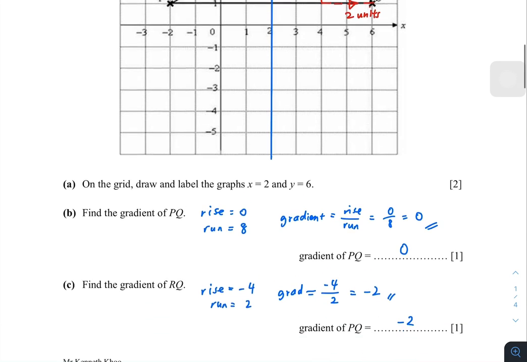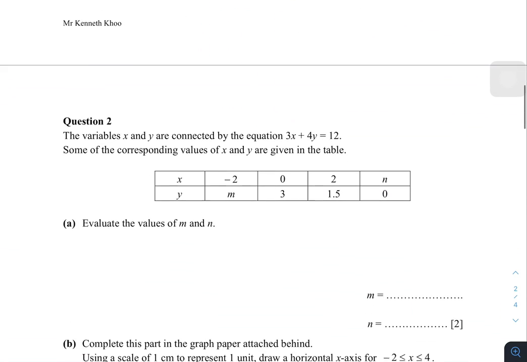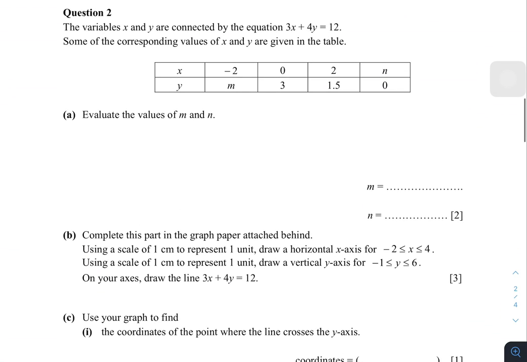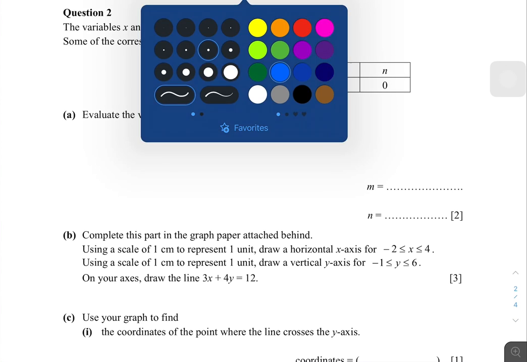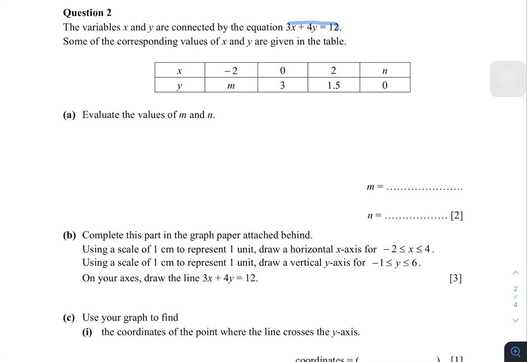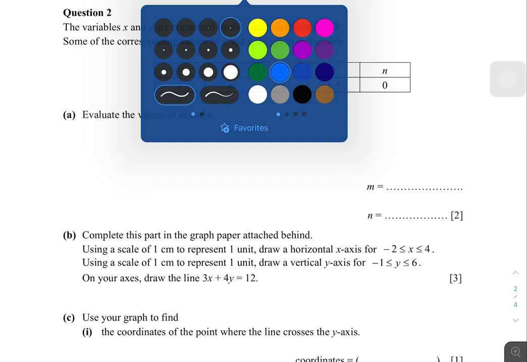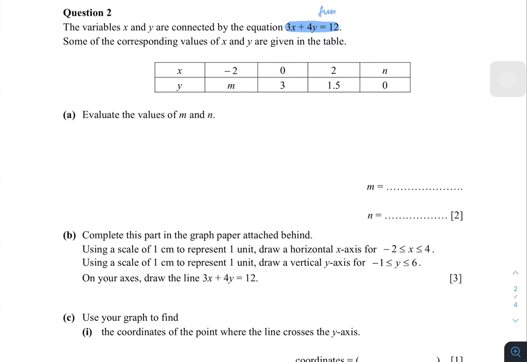Now for question 2, we'll be moving on to a function. The name of this graph is 3x plus 4y equals 12. So this is our equation function. Some of the corresponding values are shown below, and we need to find the values of m and n. Let's look at the first one.